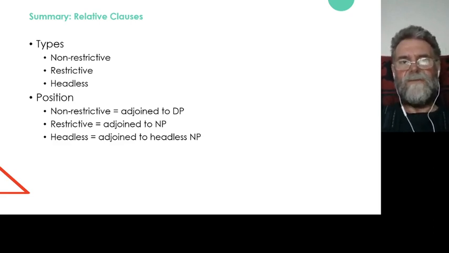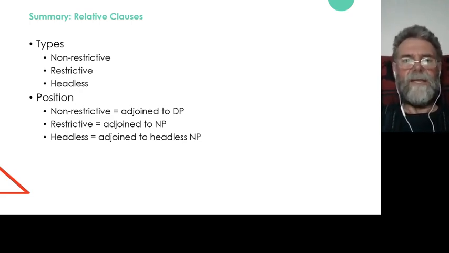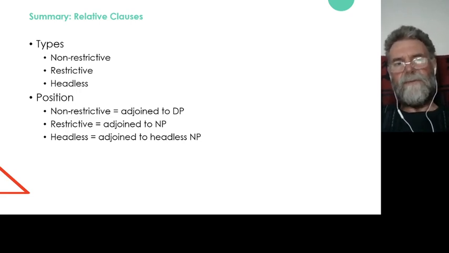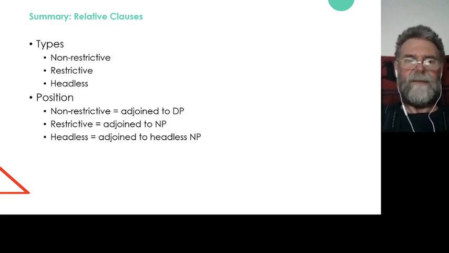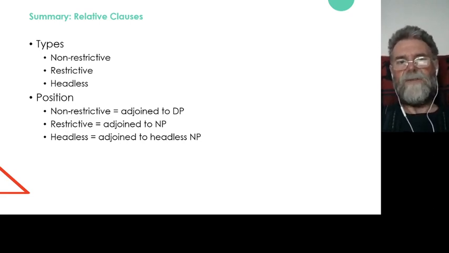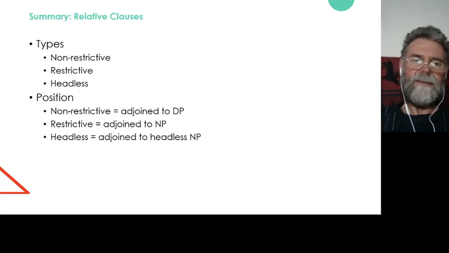The non-restrictive relative clauses are joined high up in the DP, joined actually to the whole DP itself, whereas the restrictive relative clause is joined lower down to the noun phrase. Headless relatives are like restrictive relatives and are joined to the noun phrase. The only difference there is that the noun phrase that a headless relative is joined to has an unpronounced noun. It has a headless noun phrase, in fact.